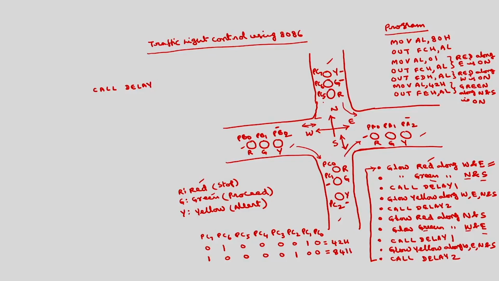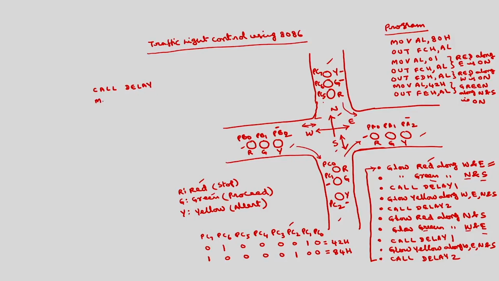If I output 84H on port C, the yellow along north and south directions will be on. In order to glow yellow along west and east, PB2 and PA2 have to be on. So, this bit should be 1, which means 04H.